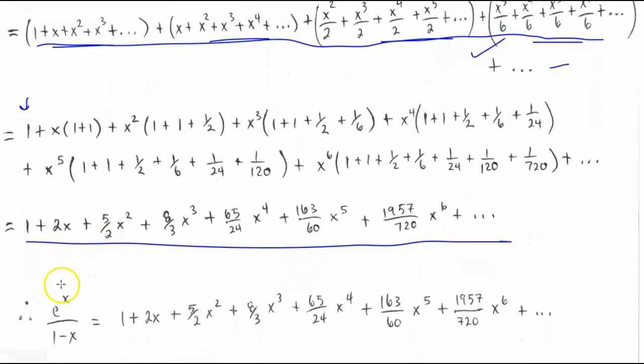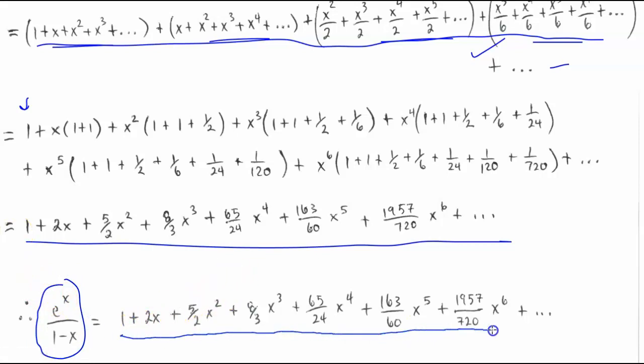So therefore, our e to the x divided by 1 minus x actually looks like this particular polynomial here. And of course, we don't know exactly what that would look like in compact power series form. It's not worth it to try to figure it out. So we'll just leave it like that and know that if we need to use it for anything, we may have to list some more terms out depending upon how accurate we want our answers to be.